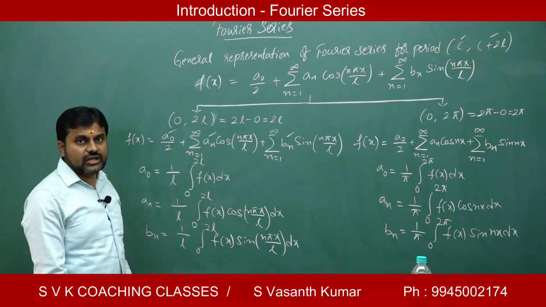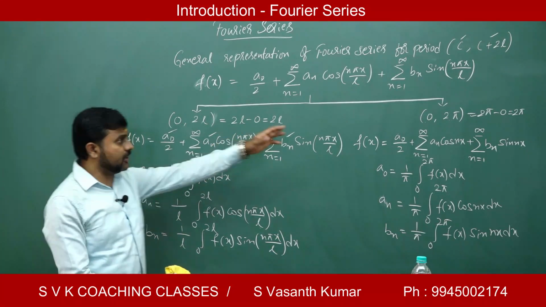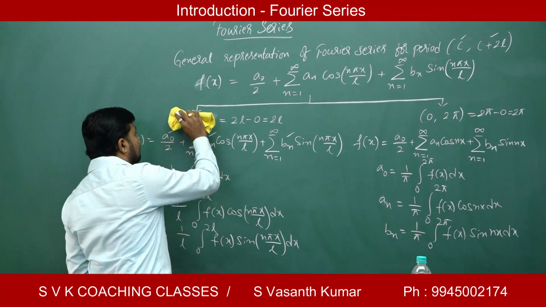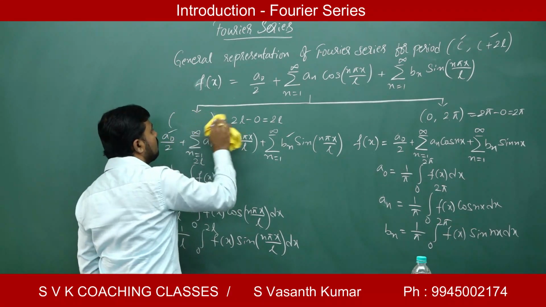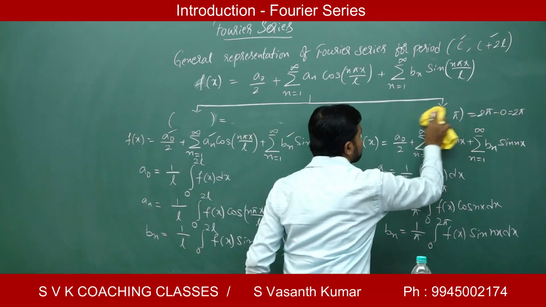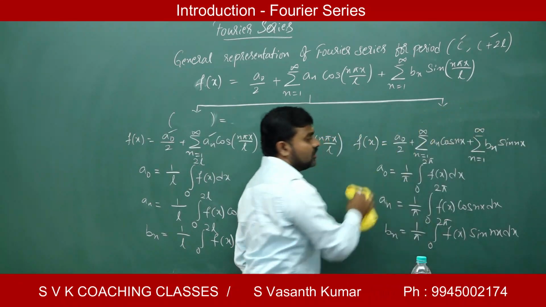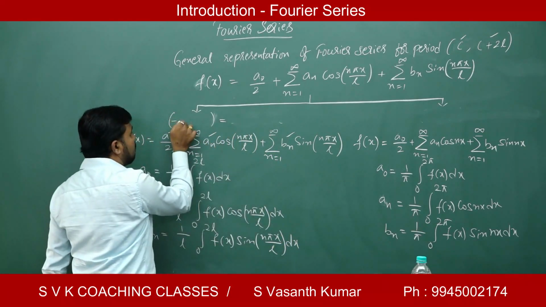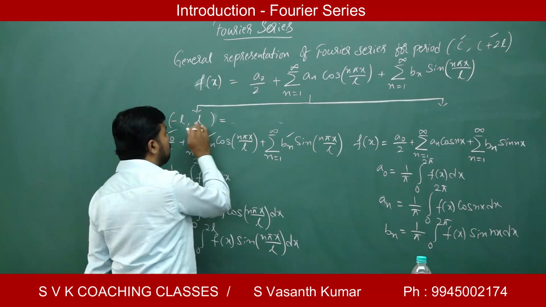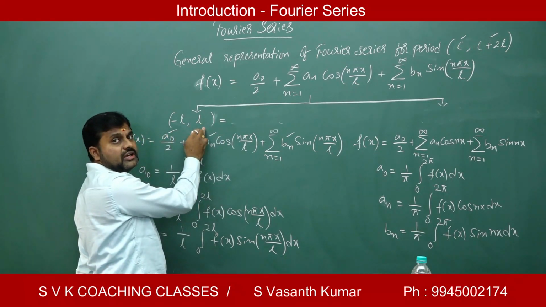Next, we can also see period 2L and period 2 pi in another interval. I am going to change it: instead of 0 to 2L, I will consider minus L to L. Now you should know what the period is here.